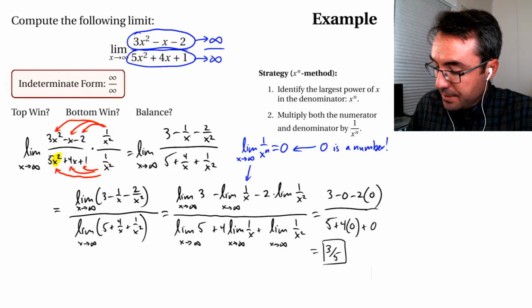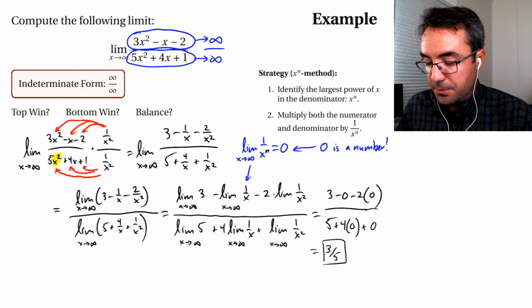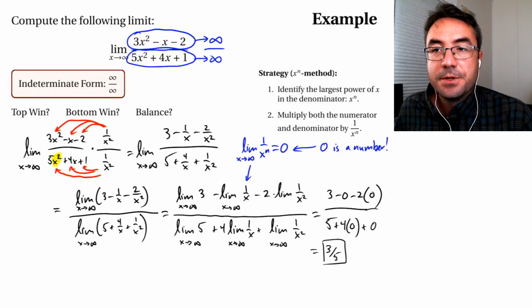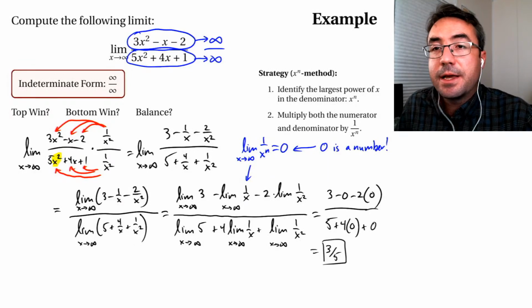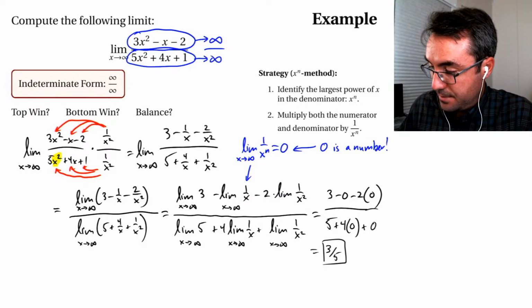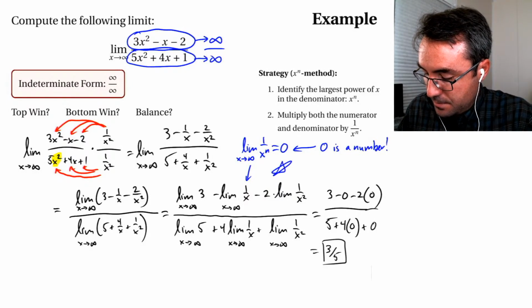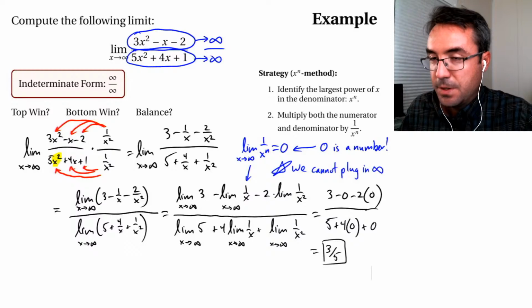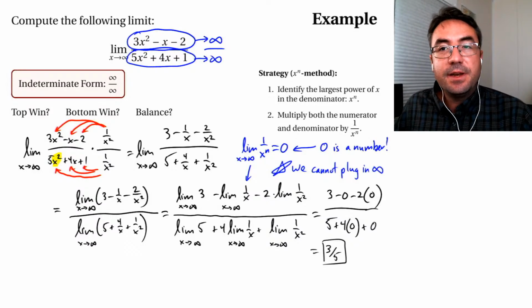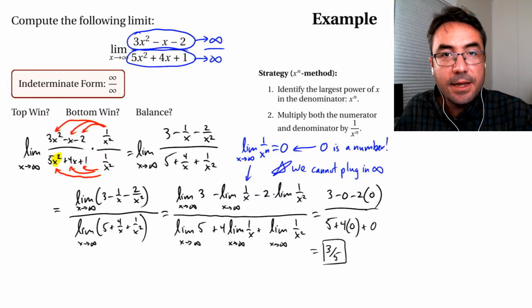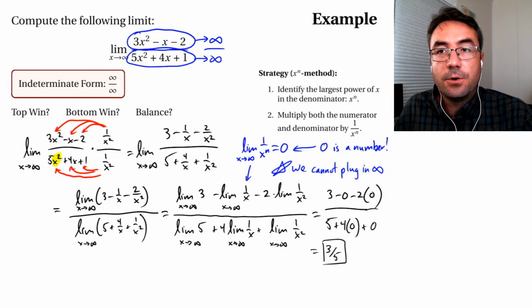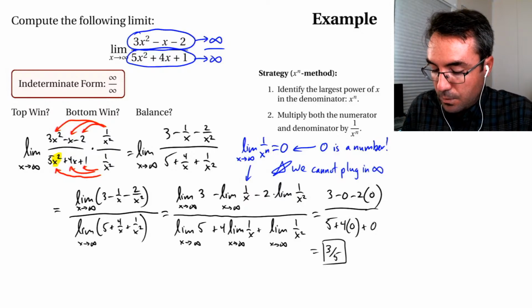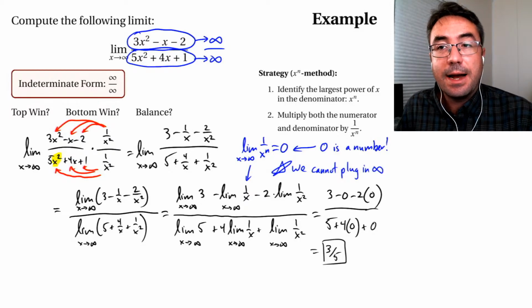And as we're doing this, we make special notes. 0 is a number. So nowhere in this am I directly plugging in infinity. Infinity is not a number that we can plug in and do arithmetic with. So why we're using this method is because we're getting a number out.